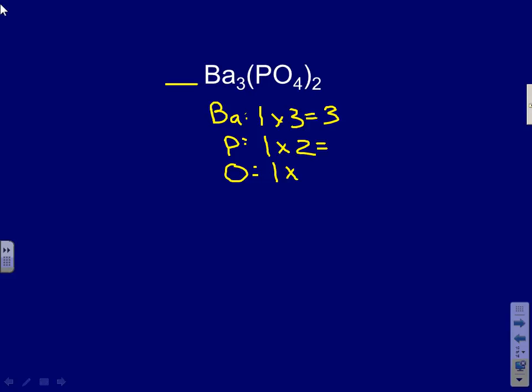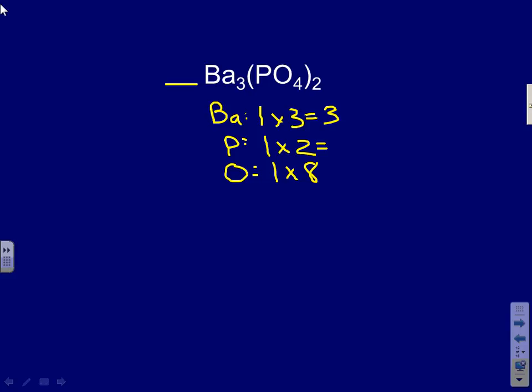How many oxygens are there in this substance? What do you think? 8. There's 4 O's in each one, and there's 2 of those, so there's 8. And now we can finish it off.